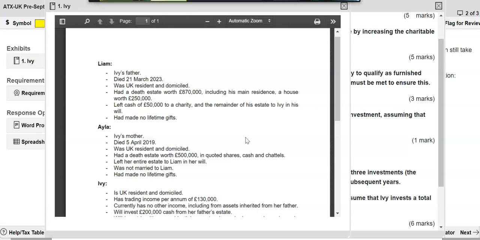Yes, you deducted the annual exemption from the death estate, and when I saw that answer, I just held my head. Annual exemption is only deducted from the lifetime gifts. It is not deducted from the death estate.